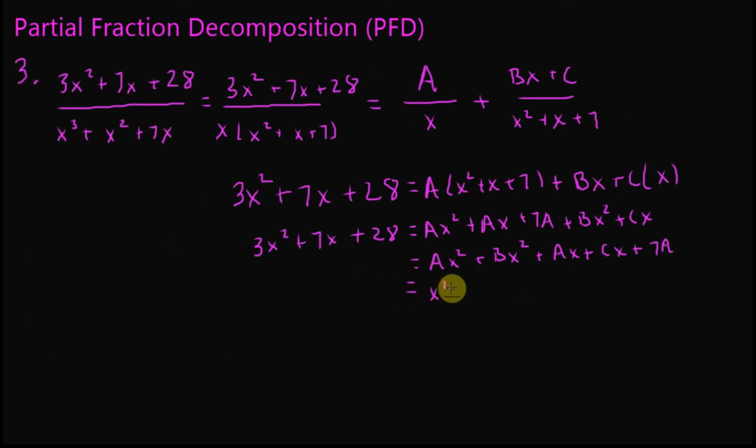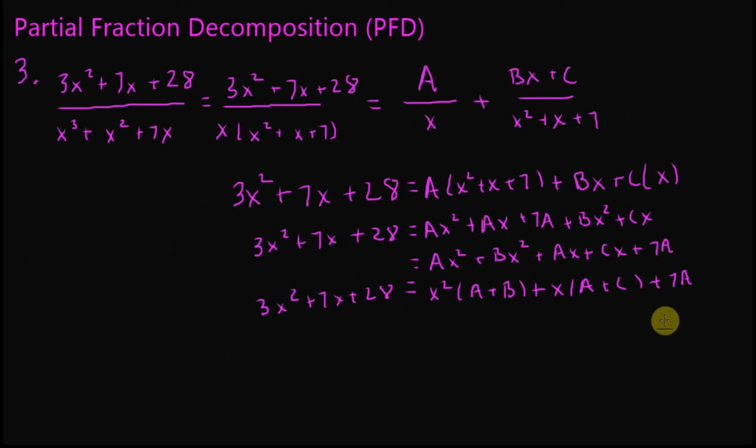Then we can pull the x squared out in front of this expression, and we can pull the x out in front of this expression. So that we have 3x squared plus 7x plus 28 is equal to x squared times (a plus b) plus x times (a plus c) plus 7a.